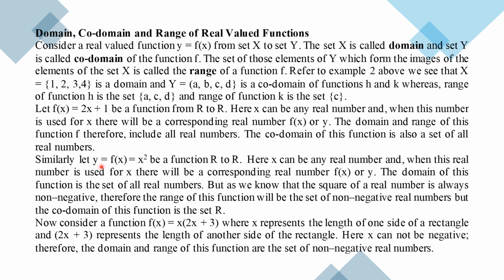numbers. Let's observe this example: y equals f of x equals x square. This is a function from real to real. Here x can be replaced by any real number, so the domain is the real numbers.